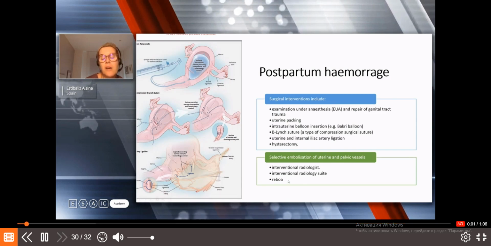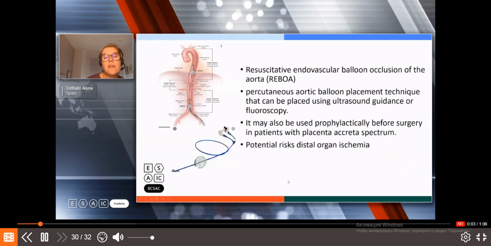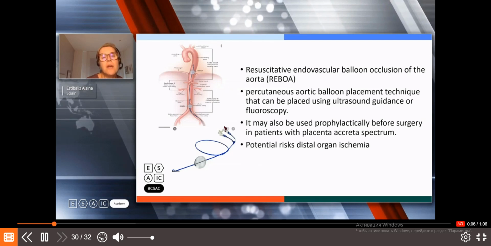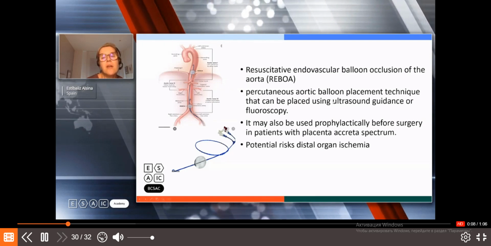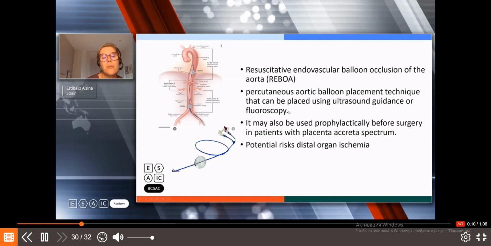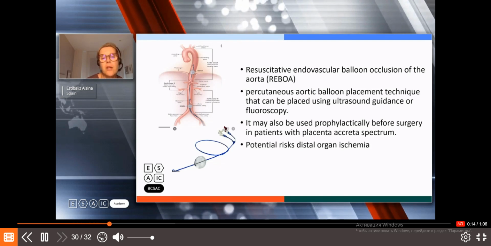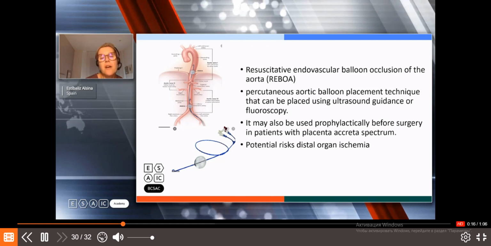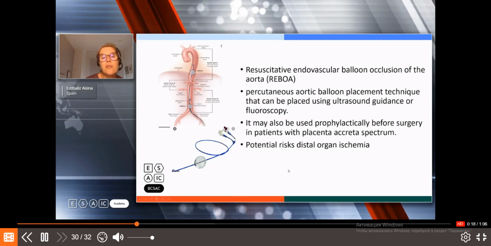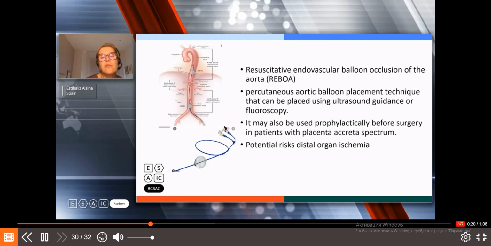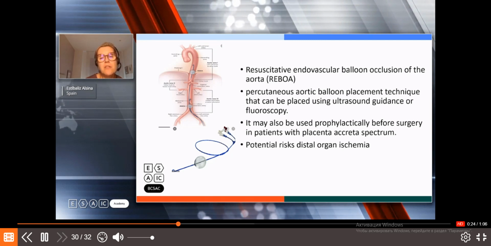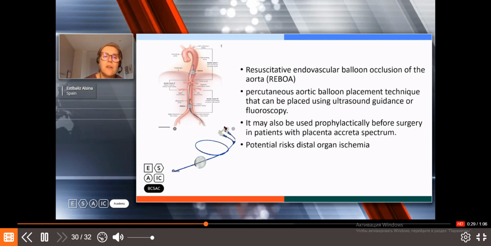And right now we have the REBOA, that is an endovascular balloon that is inserted using ultrasound or fluoroscopy, so we don't need to go with the mother to the radiology area. And we can use it not only to treat, but also as prophylactic before surgery in patients with placenta accreta. The potential risk of this balloon is the distal organ ischemia.